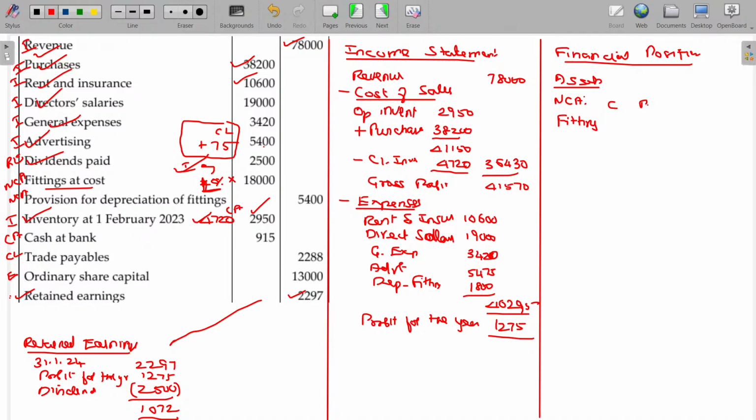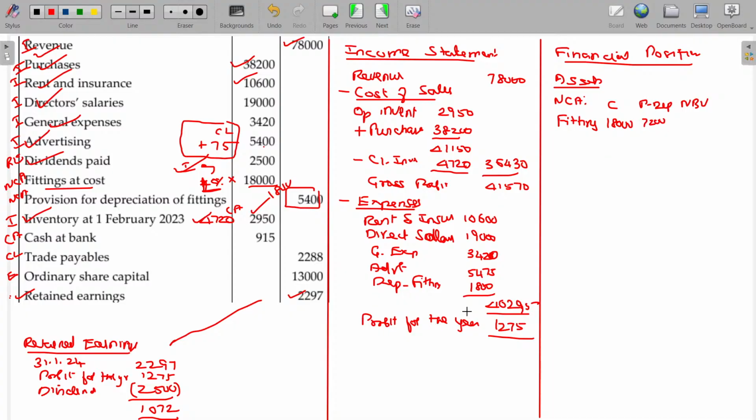Cost, provision for depreciation and net book value. Cost 18,000. 5,400 initially, now we get another 1,800. 7,200 will be the overall depreciation here.